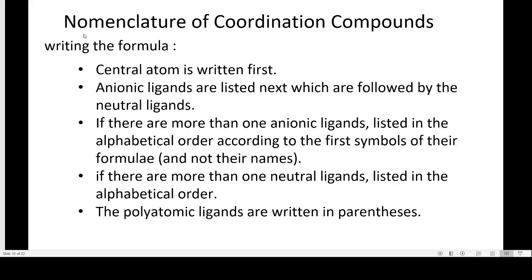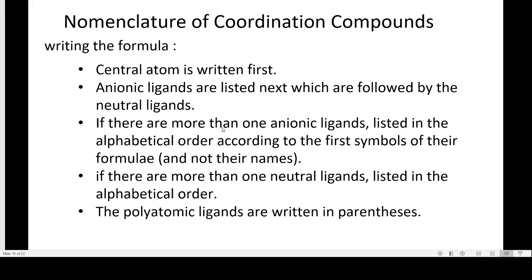Coming to the important part, nomenclature of coordination compounds. Before going to the nomenclature, first we have to know how to write the formula for complex compounds. First, the central atom is written first, then the ligands. Among ligands, anionic ligands are listed first, followed by neutral ligands.